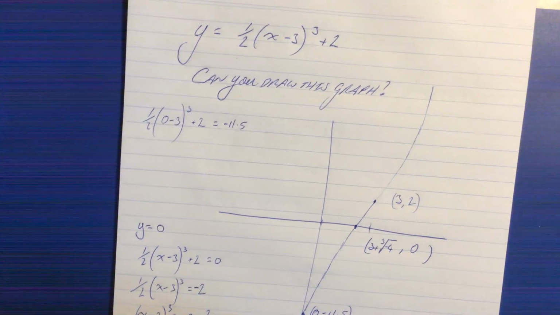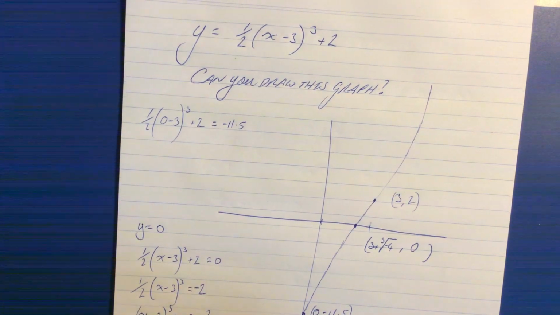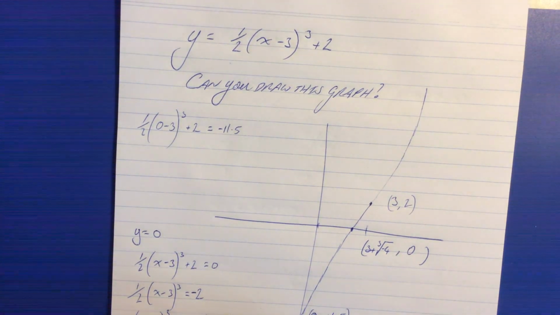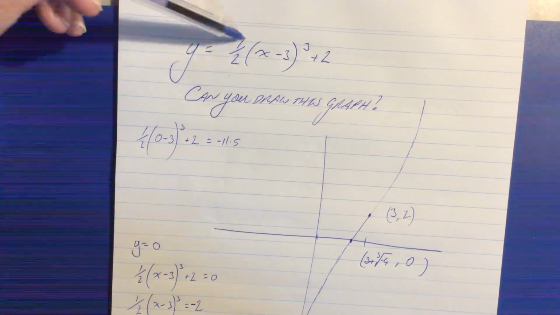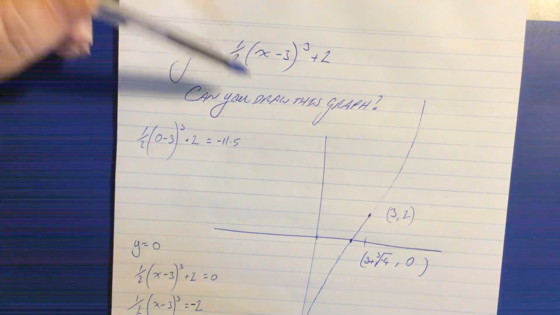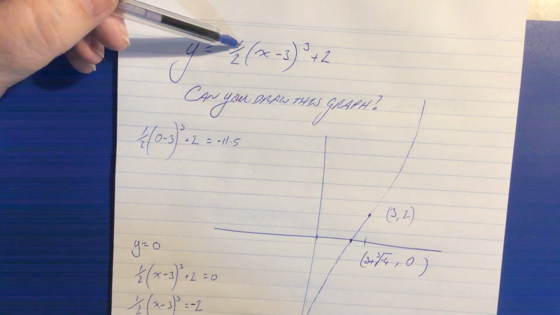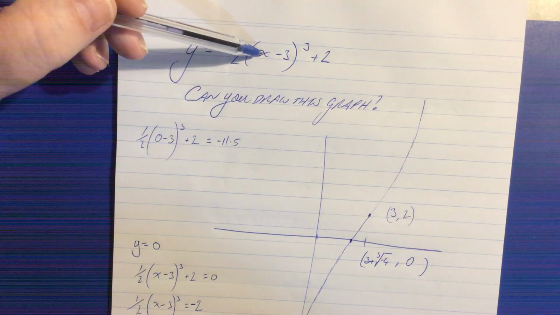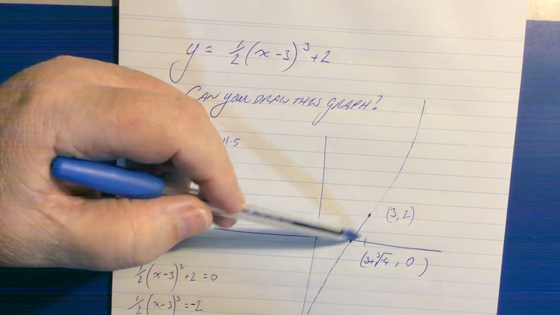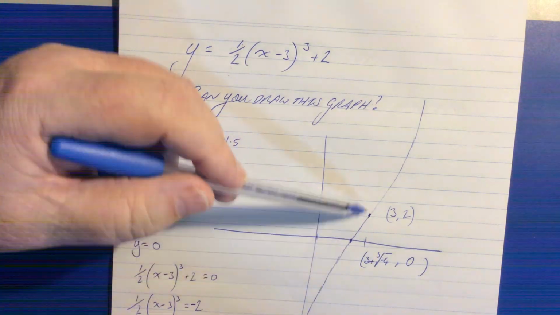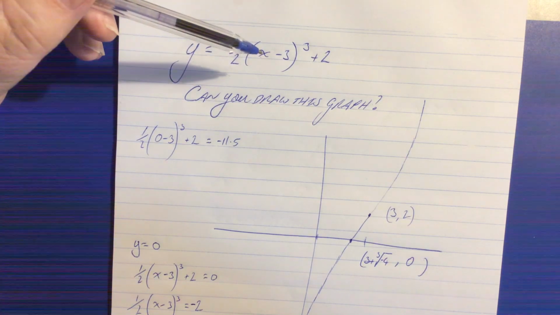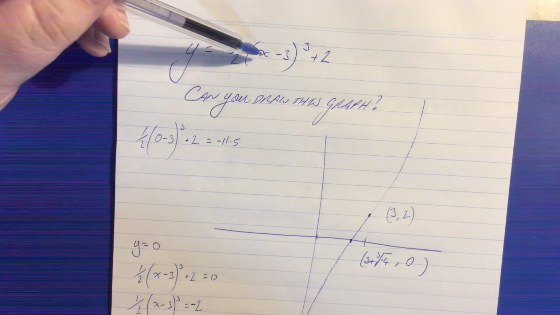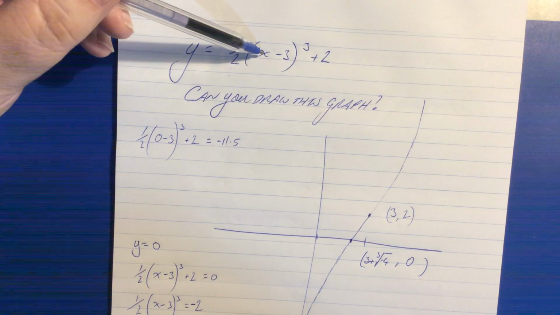Now there's one more thing that I would like a pupil to show me, and that is that they understand what has happened here. This is a dilation, and so what I would want them to do is to take a value of x, something other than what we have already used, and simply work out that value.